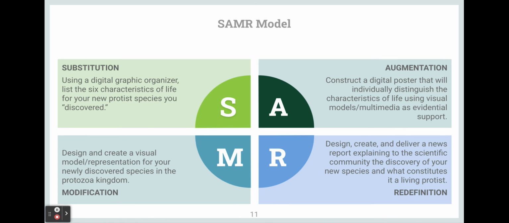Modification, students are going to design and create a visual model representation for a newly discovered species in the protozoa kingdom. And then to redefine, they are going to design, create, and deliver a news report explaining to the scientific community the discovery of their new species and what constituted as a living protist. So it really builds upon each other over the weeks.